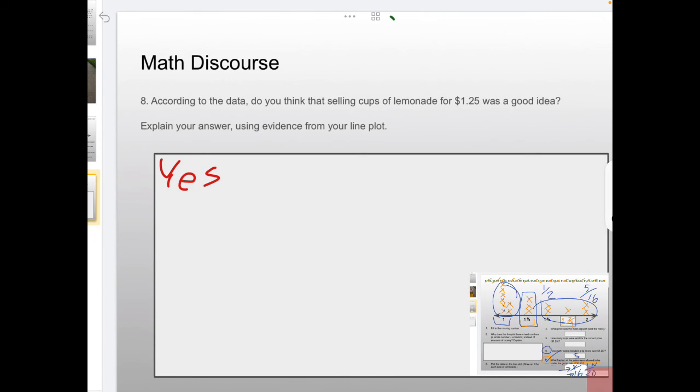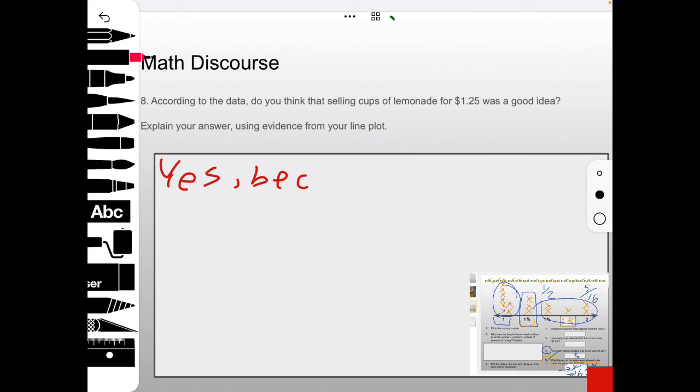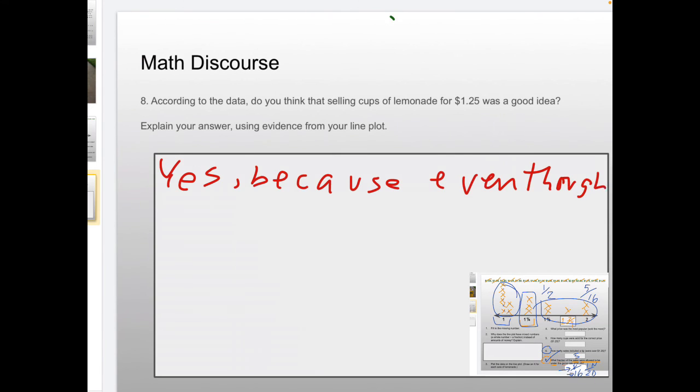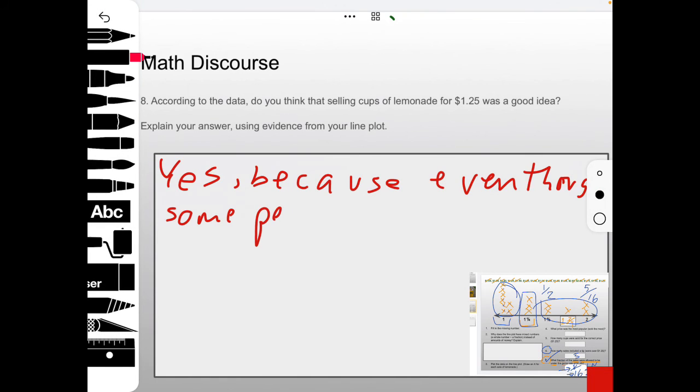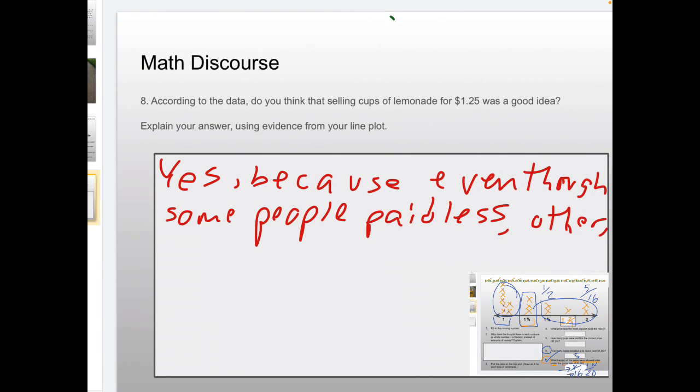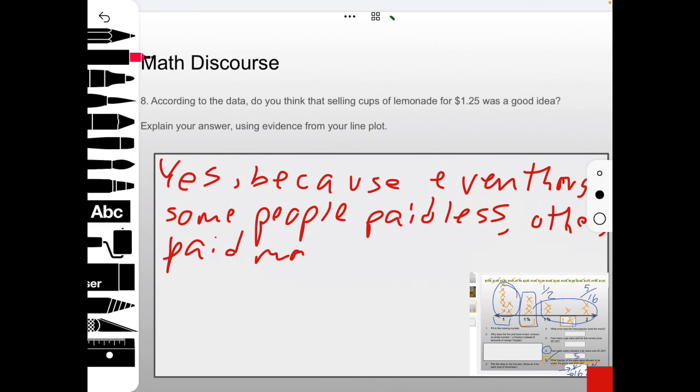You could have said yes, comma, because even though some people paid less, comma, others paid more.